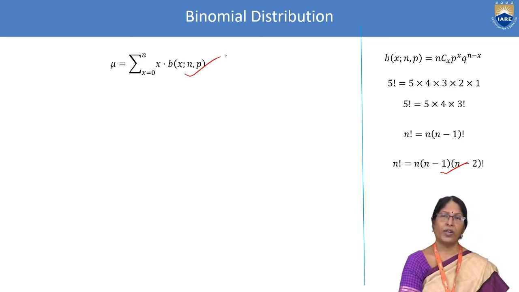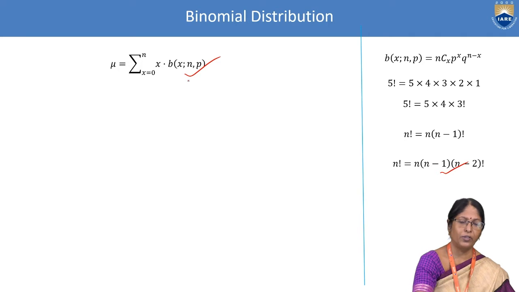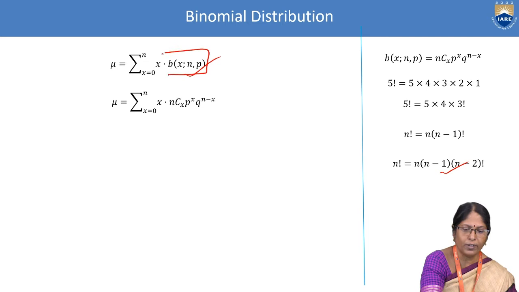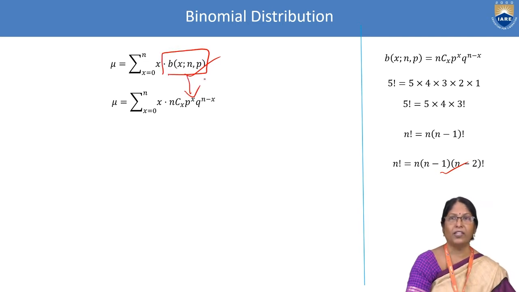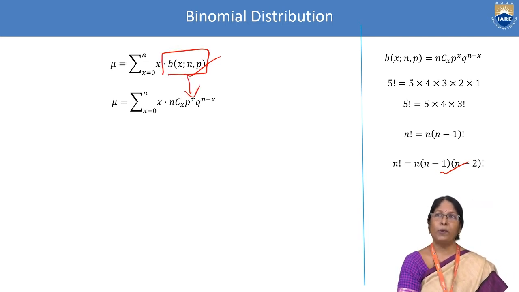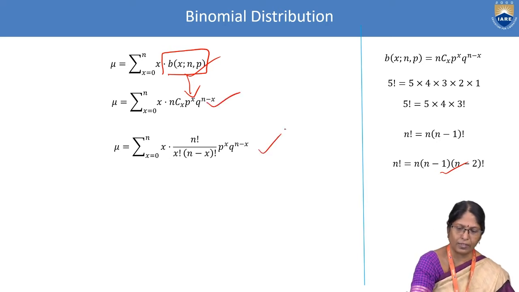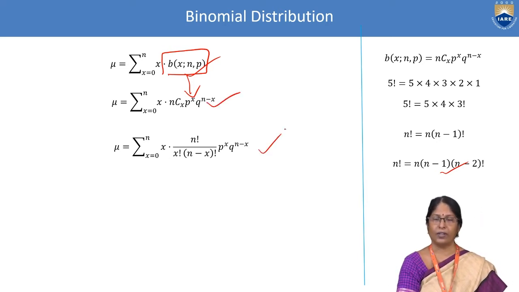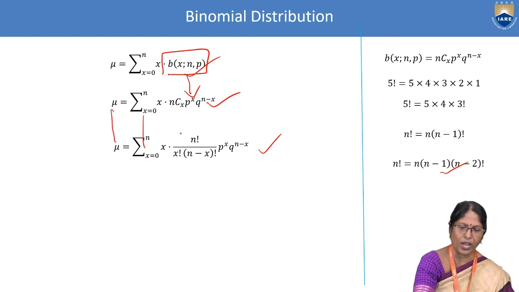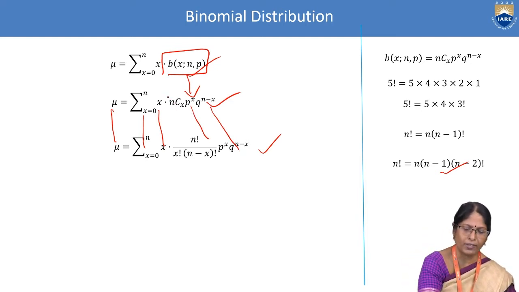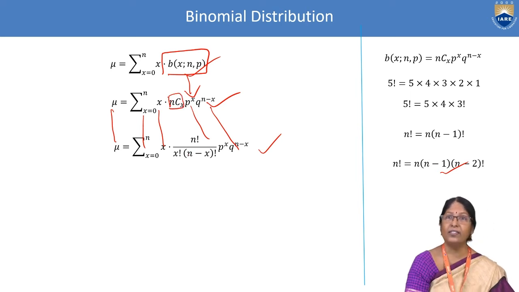Here, summation x equal to 0 to n, x into the binomial distribution. Now this binomial distribution formula is nothing but nCx p power x q power n minus x. Now this step and this step, we will do the comparison. Everything is written as it is, there are no changes at all. But in only one place there is a change, that is nCx.